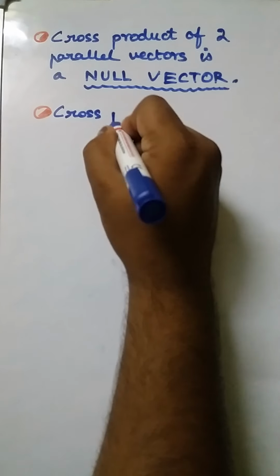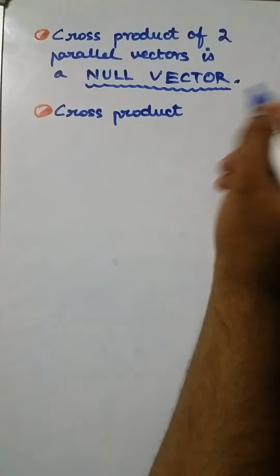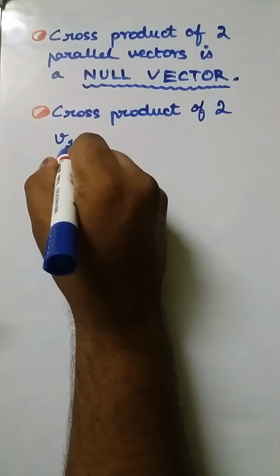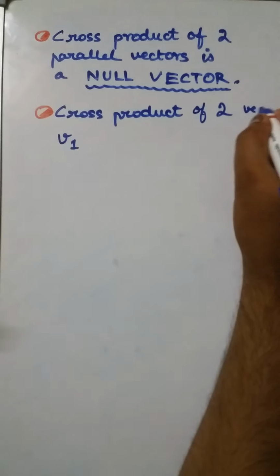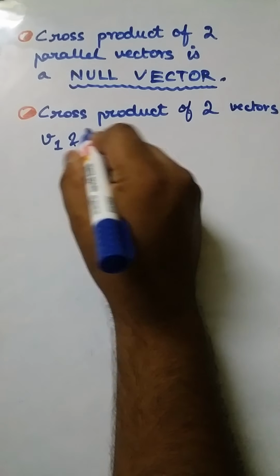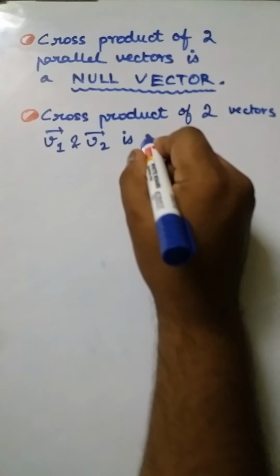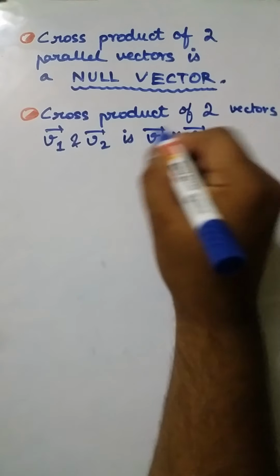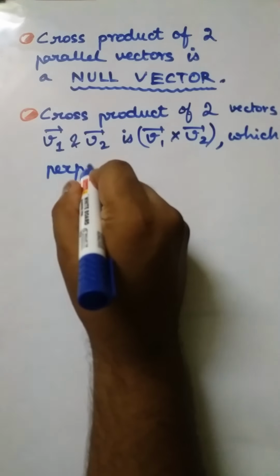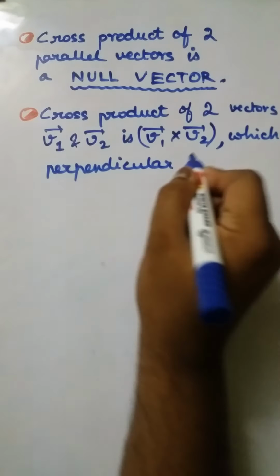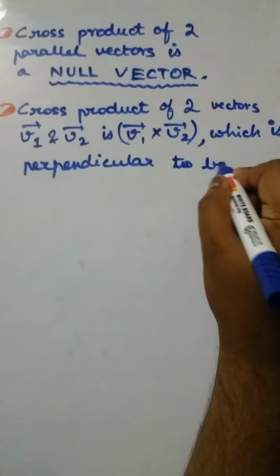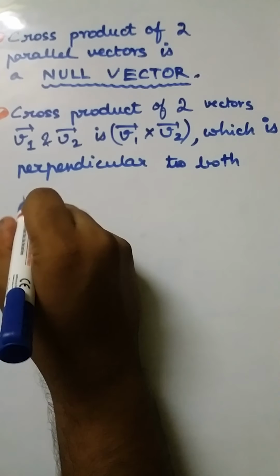The cross product of two vectors v1 and v2 is v1 cross v2, which is perpendicular to both v1 and v2.